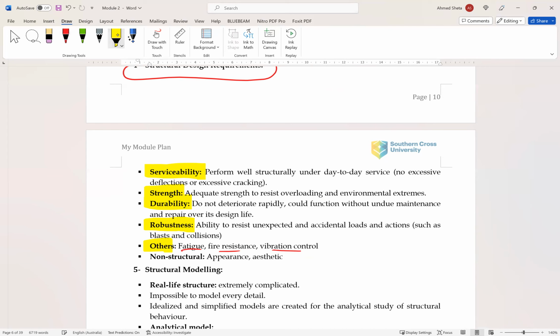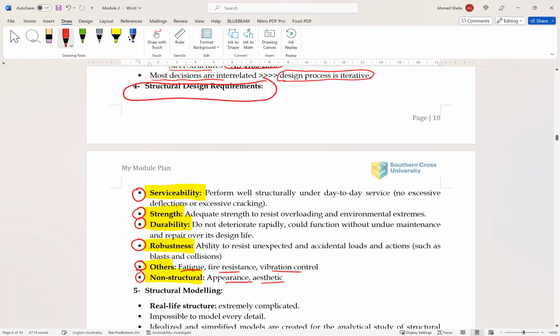And also there are non-structural requirements like the appearance and aesthetics. So all this needs to be fulfilled under the structure design.